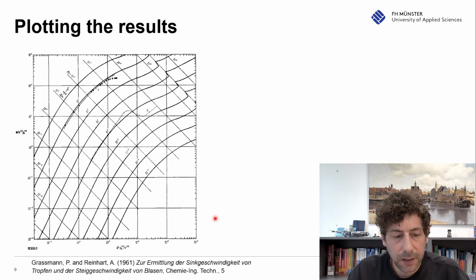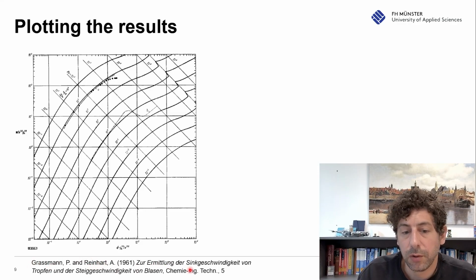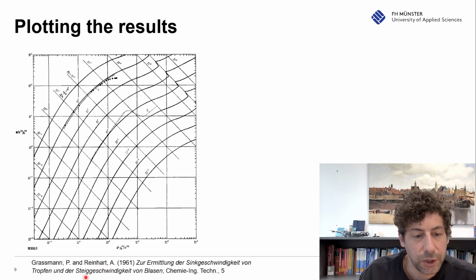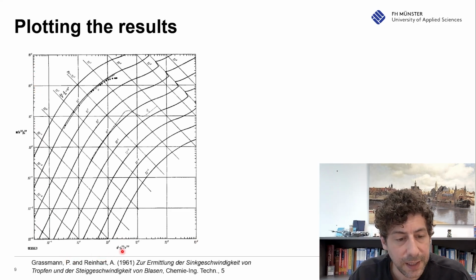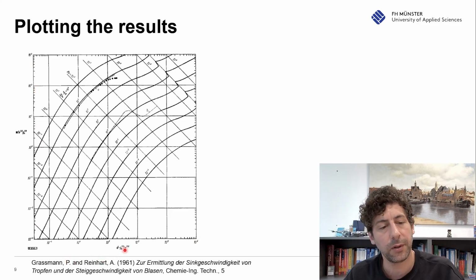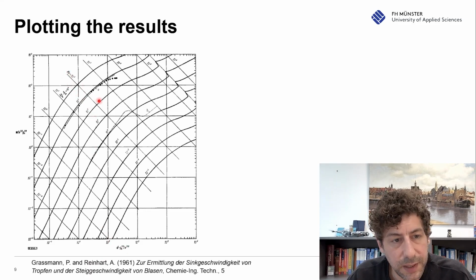And there is a quite old publication from Grassmann and Reinhardt, zur Ermittlung der Sinkgeschwindigkeit von Tropfen und der Steiggeschwindigkeit von Blasen. And what you see here is the Archimedes number over the omega number. So they made this derivation, calculated it, and put it into a diagram. And then you see different Reynolds numbers, so Reynolds 10 to the power 1, 10 to the power 2, 10 to the power 3.